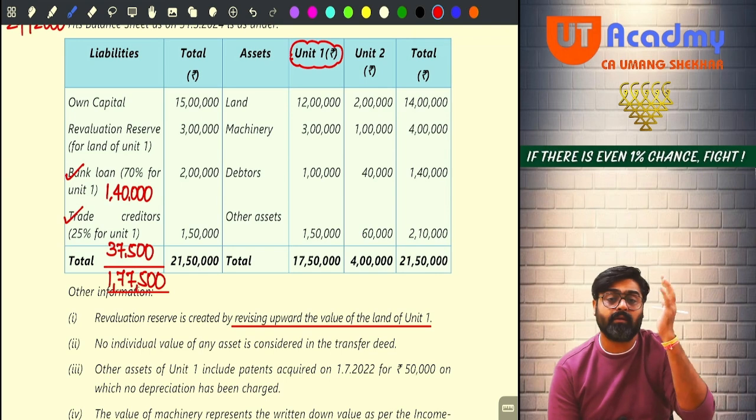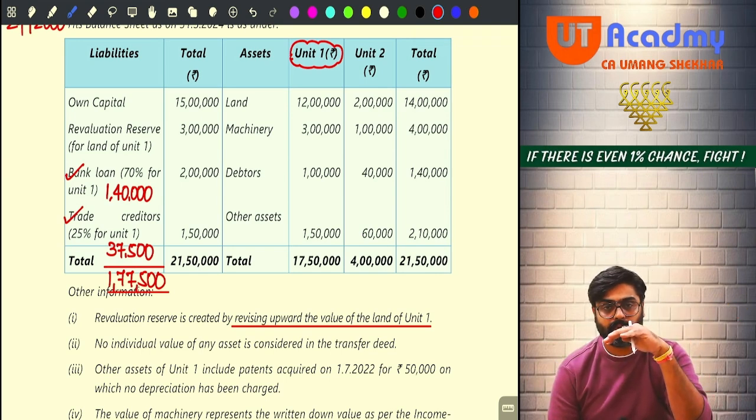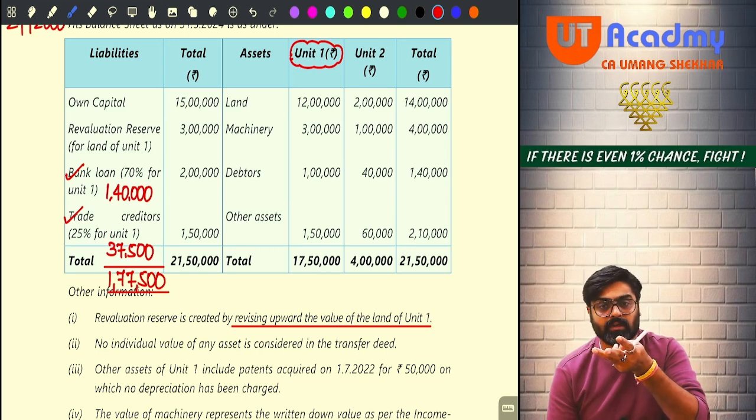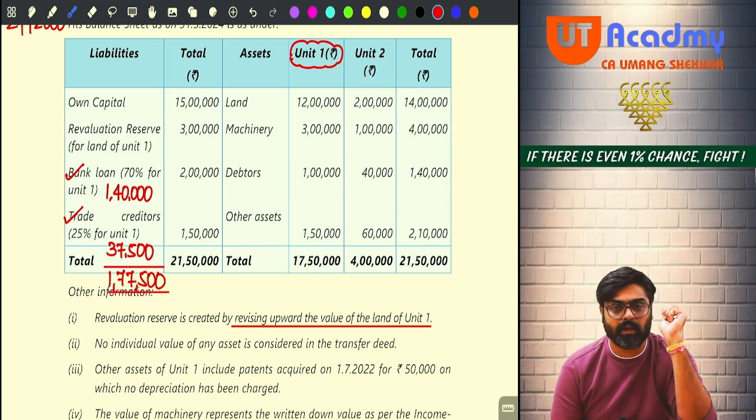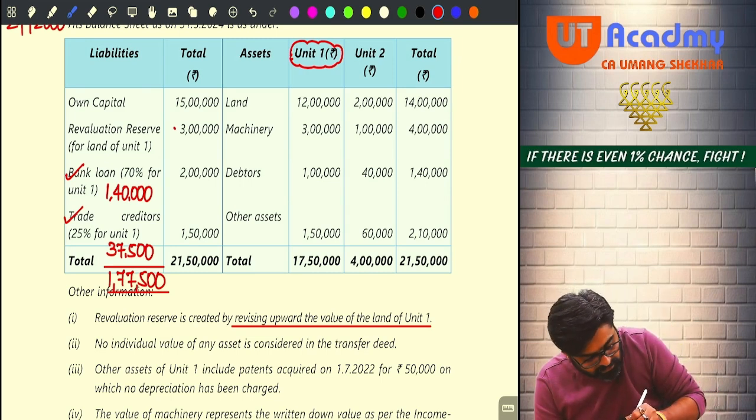So the land is revalued upward, and a 3 lakh rupee revaluation reserve is created, which is written on the credit side, on the liability side. So what I will be doing is reducing this revaluation reserve amount out of the value of the land, because the actual value of the land is not 12 lakhs, it is only 9 lakhs. So this revaluation reserve I will eliminate from my 12 lakhs. So 9 lakhs will be the book value.